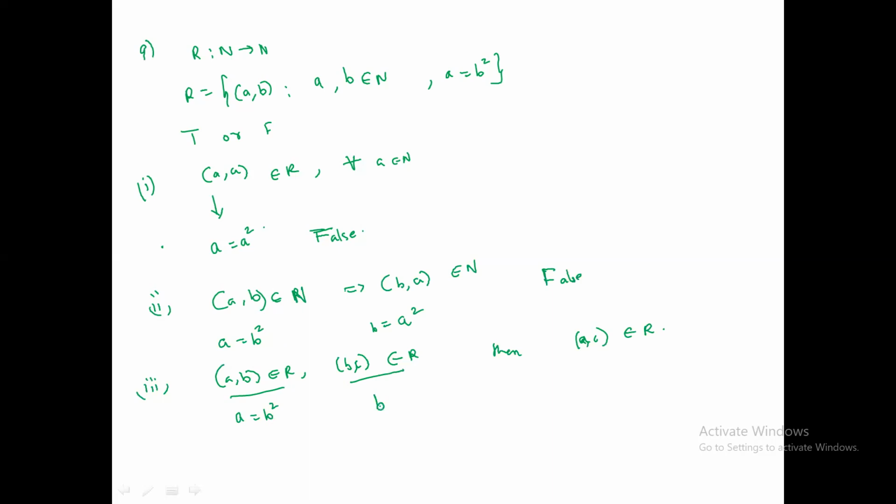If (b, c) is in the relation, b equals c square. So we will write b square equal to c power 4 and we got a equal to c power 4.